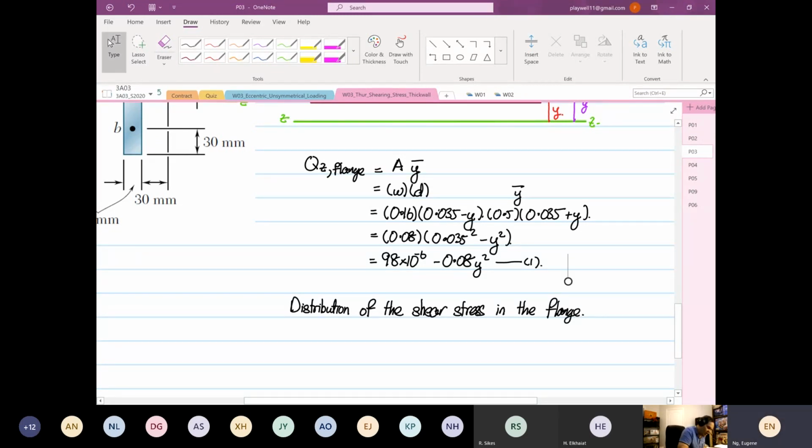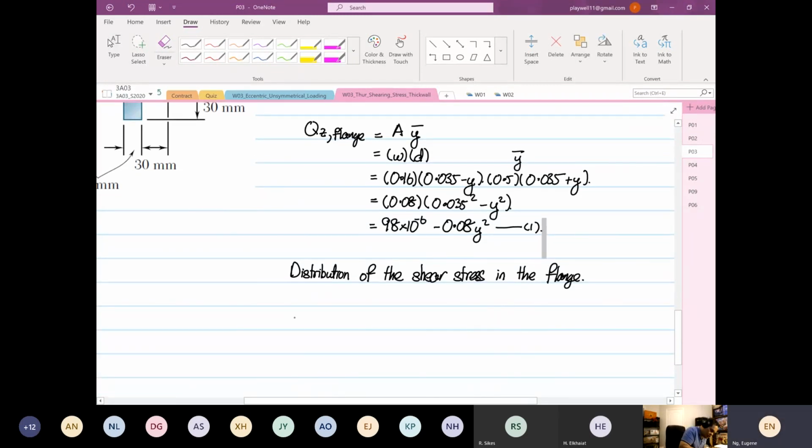So we now know that shear xy of the flange will be equal to Vy over Izz, Qz, divided by T of the flange.